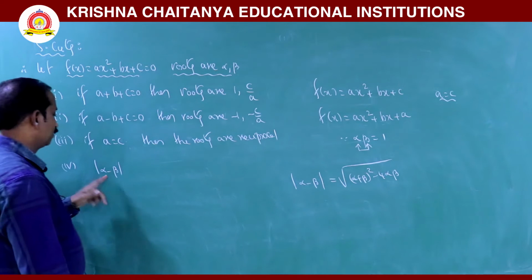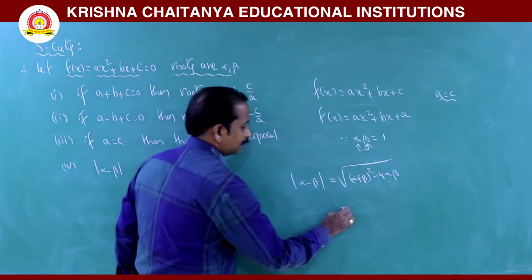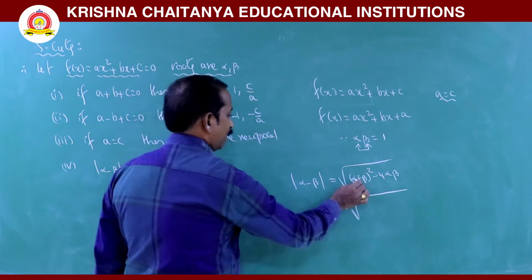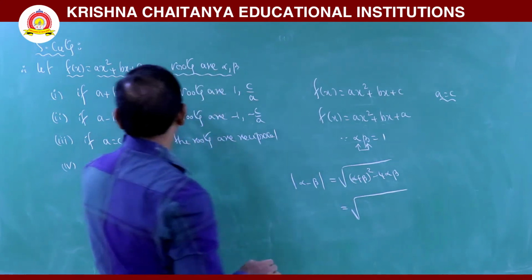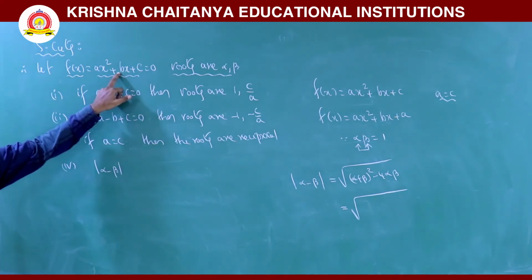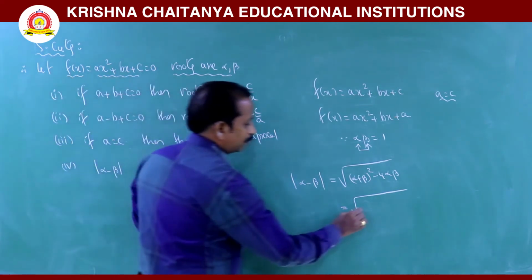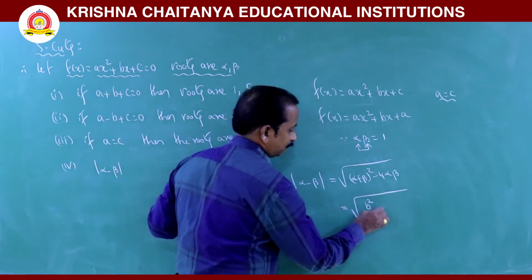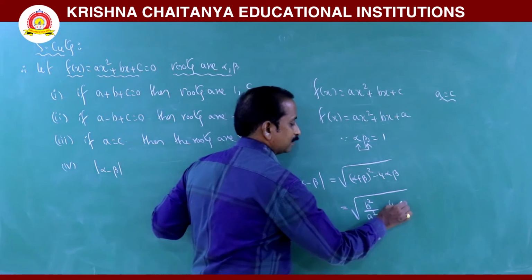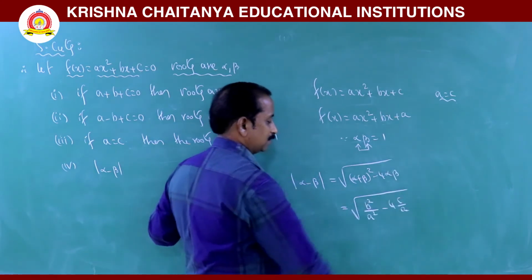Now modulus of alpha minus beta, using the condition, what is the shortcut? Alpha plus beta is nothing but, from the given equation, minus b by a, the sum of the roots. So therefore (minus b by a) whole square is nothing but b square by a square, and alpha into beta is nothing but the product of the roots, c by a.